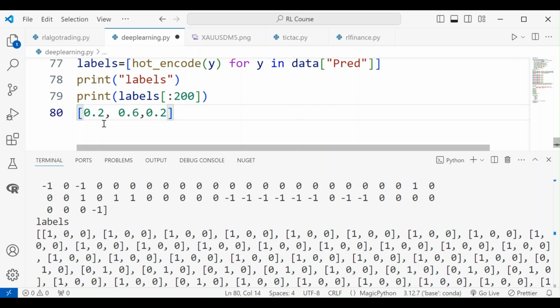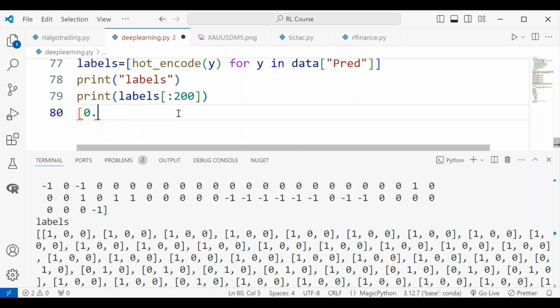So the probability that the price stays between 4 and minus 4 is 20%. The probability that the price goes above $4 is 60%. The probability that the price goes below minus $4 is 20%. So we will take the action with the highest probability. Always remember, probabilities always add up to 1.